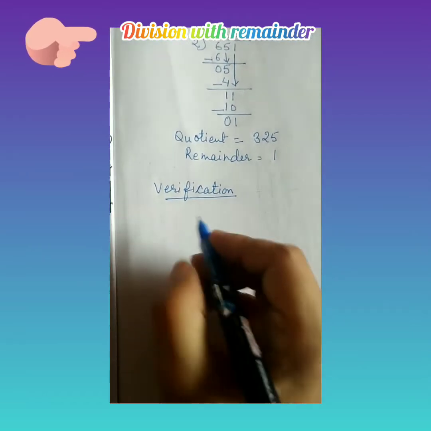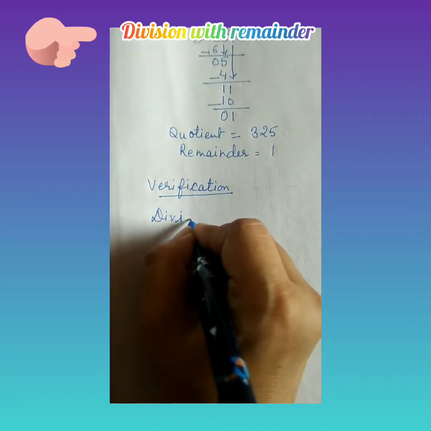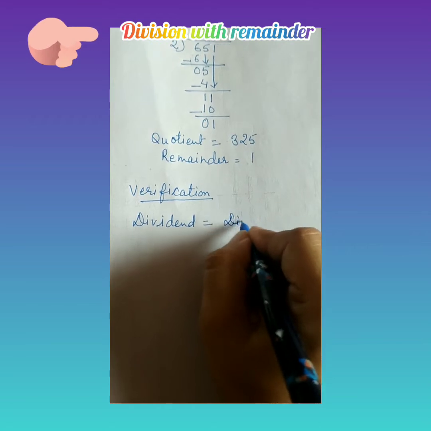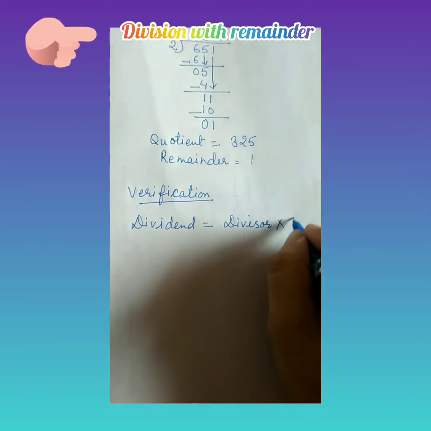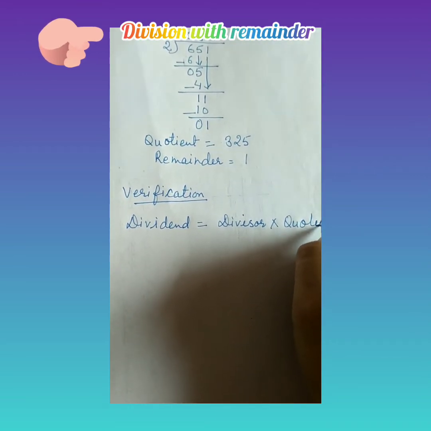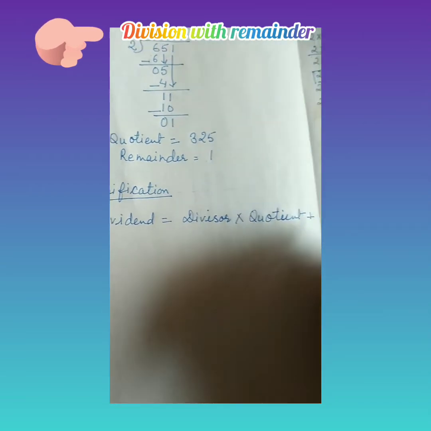For verification, we have a formula, that is dividend is equal to divisor multiply by quotient plus remainder.